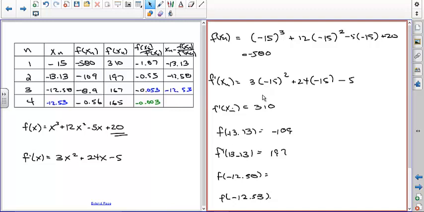I'll give you a couple minutes to take the derivative, and then I'll do it for you. You can see if you got the same answer, and then plug in. Make sure you carry out enough decimals. I only carried out 2 decimals, but since we need our answer within 3 decimals, you probably want to carry out an extra couple of decimals in your calculation.